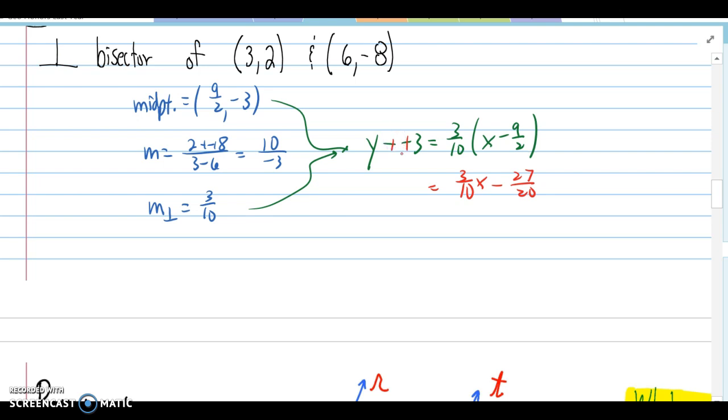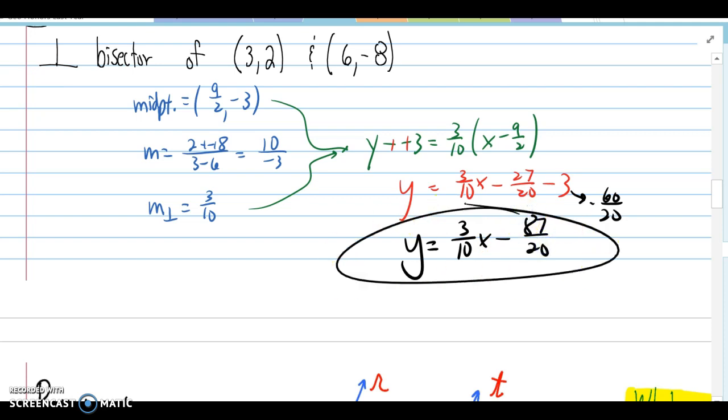There's a positive 3 on the left, so subtract 3 from the left. And now let's see if we can simplify this. Y equals 3/10 x. Negative 3 with the common denominator of 20 would be negative 60 over 20. So negative 27 over 20 minus 60 over 20 is negative 87 over 20. And there is our perpendicular bisector.